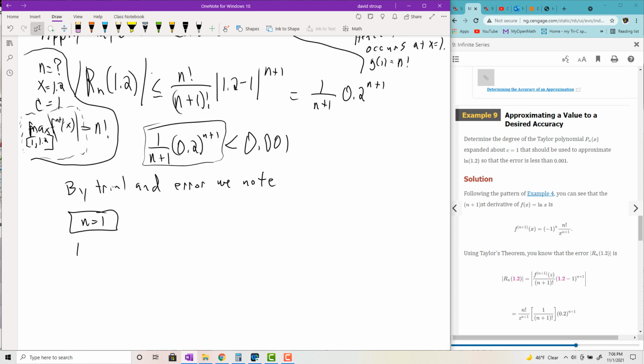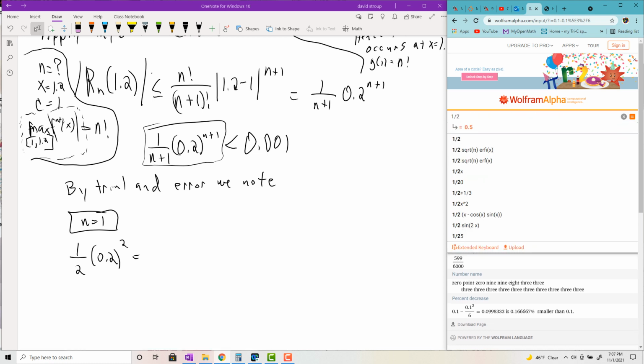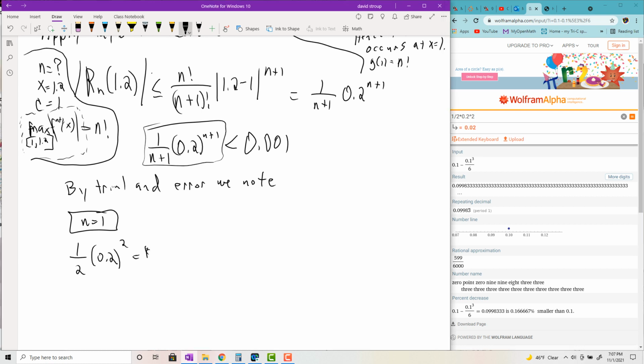So you'd have 1 all over 2 times 0.2 to the 2, and you want that to be less than 0.001, right? So you figure out what that value is. So what do we have? 1 over 2 times 0.2 to the second power, and that's 0.02 apparently.